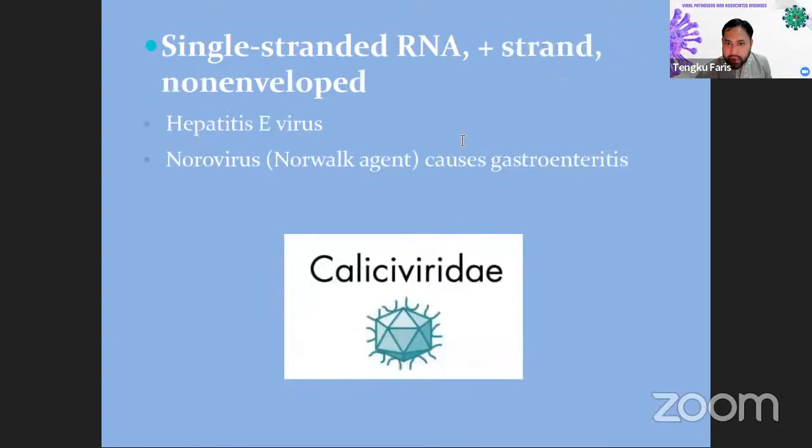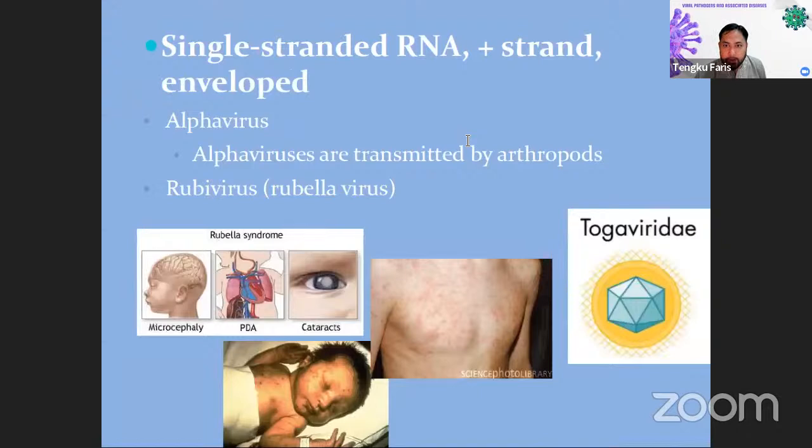For the single-stranded RNA, positive strand non-enveloped is the hepatitis E virus, also norovirus that causes gastroenteritis, inflammation of the stomach. This is an example of the single-stranded positive strand enveloped virus that includes the rubivirus or alphaviruses.